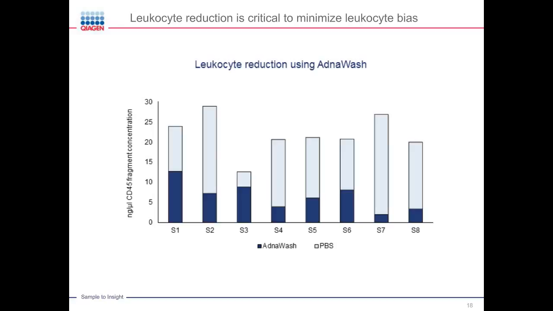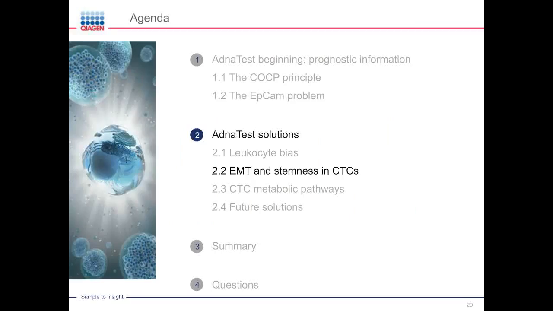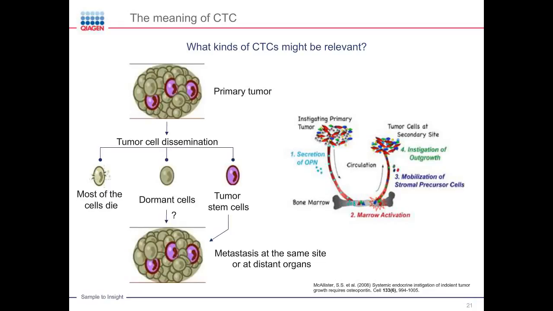And doing that, we were able to address, at least in the first instance, the EMT-related genes. Let me give you a short overview of what I mean when I'm talking about EMT and tumor stemness.